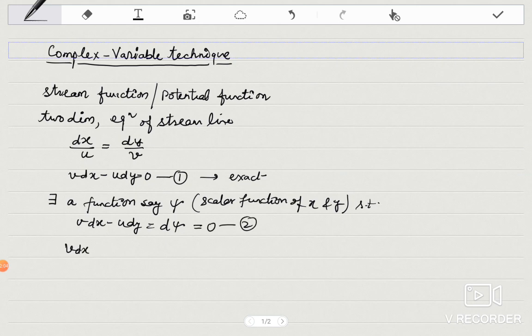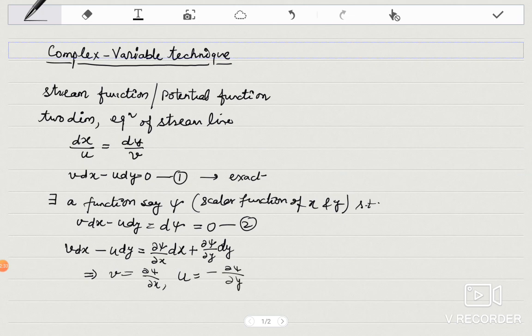Now v dx minus u dy is equal to d psi may be written as delta psi delta x dx plus delta psi delta y dy. This implies v is equal to delta psi delta x and u is equal to minus delta psi delta y.